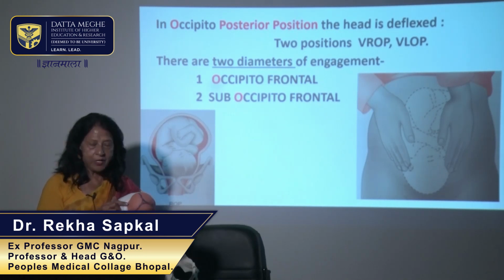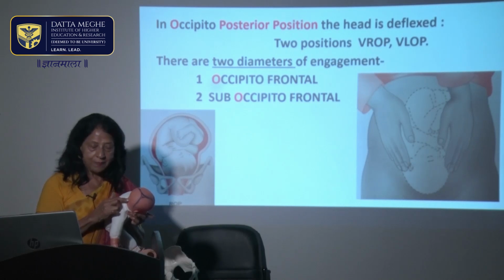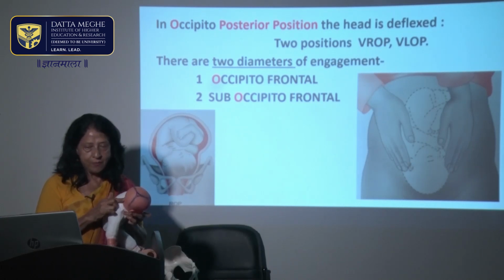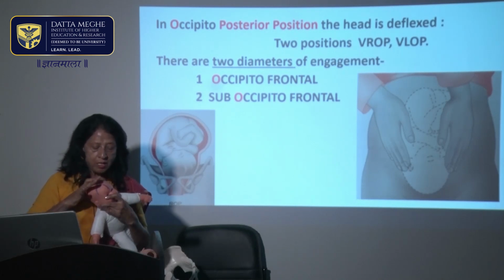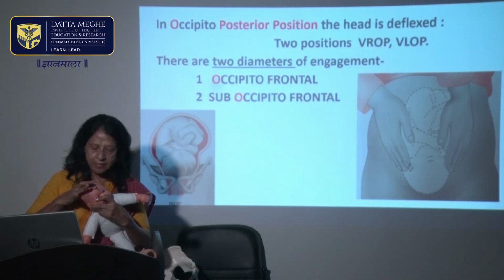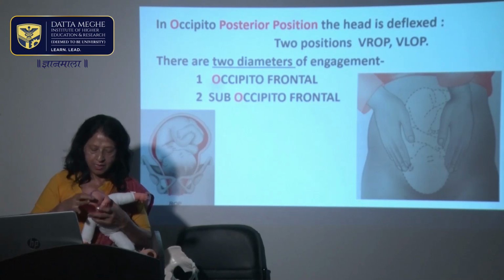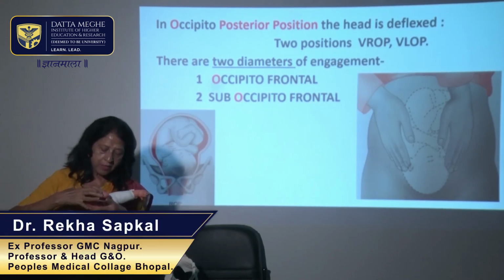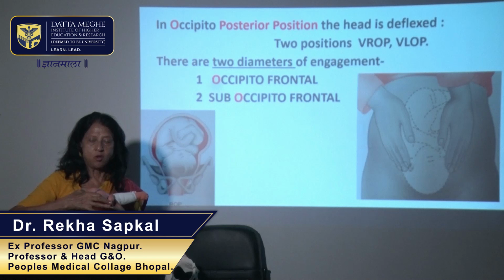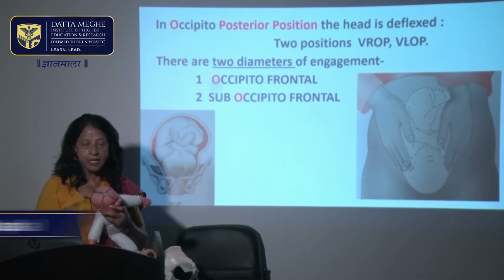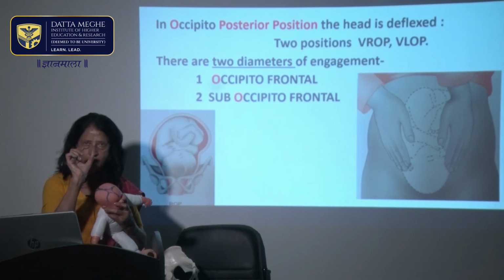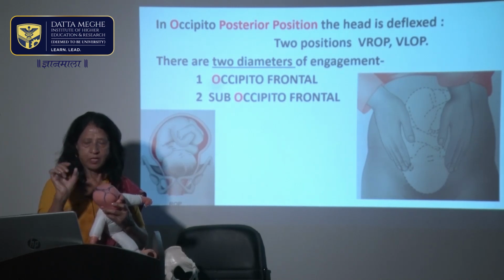What is subocciput? The midpoint between the foramen magnum and occipital protuberance is the subocciput. For suboccipito-frontal, the frontal point is 2.5 centimeter in front of the anterior fontanelle, and for occipito-frontal, the frontal point is nasion. So, remember occipito-frontal is occiput and nasion, small words.